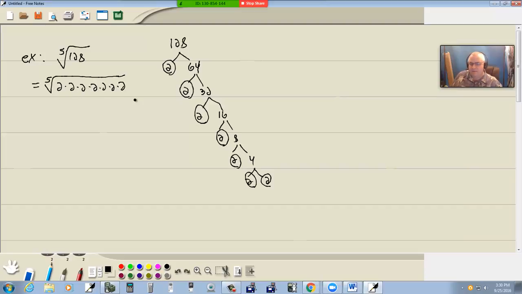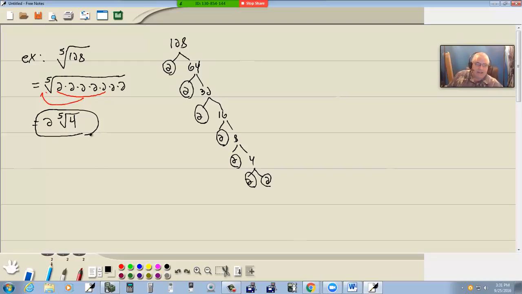Now our index is 5. Number in the slot right here. So it means I'm looking for 5 of something. In this case, I got 5 2's. So those 5 2's are going to come out in front as a single 2. And we're left with fifth root, and 2 times 2 would give us 4. We can't bring them out unless there's 5 of them. So that would be our answer.